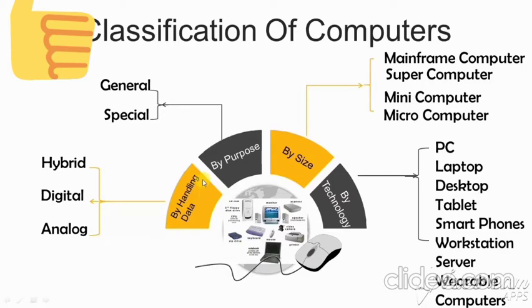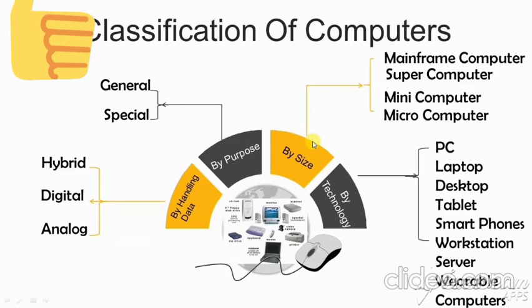Like you can see here, by handling data can be distributed in three more types of computer that are hybrid, digital, and analog computers. By purpose, we can distribute computer into general purpose and special purpose computers.